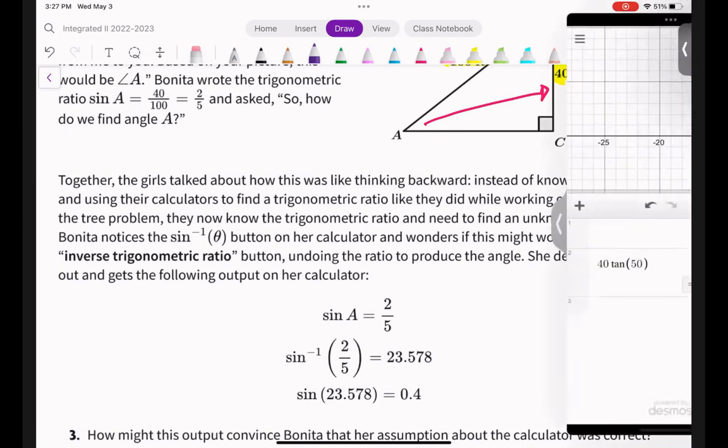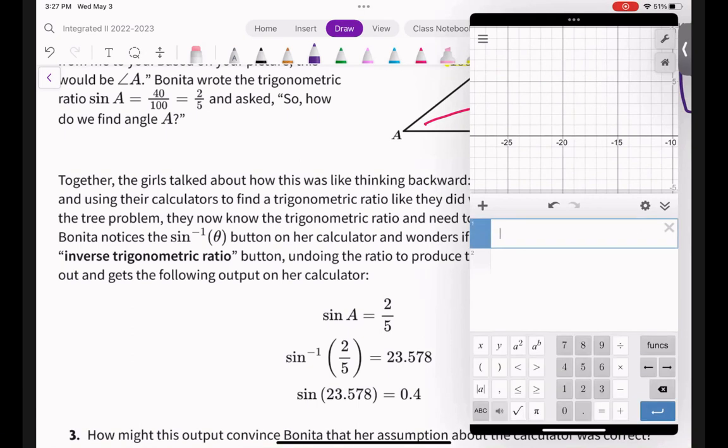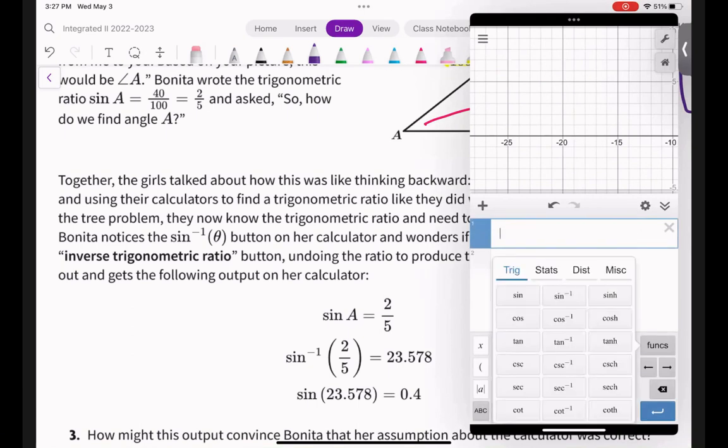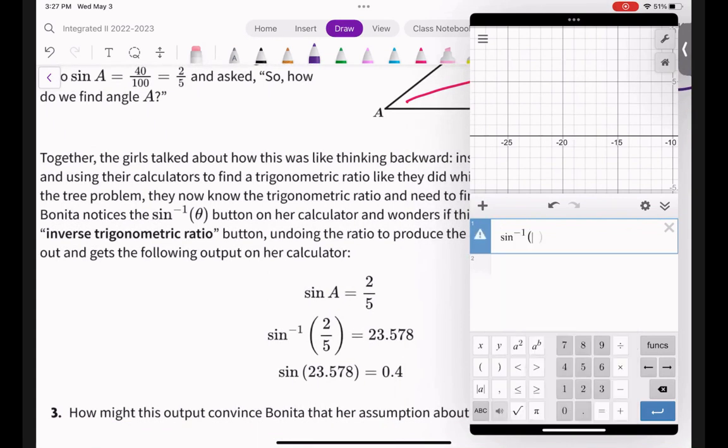So by the way, if you're using Desmos, sine inverse is right there at the top middle column. Do you see that sine to the negative first? That's what they're talking about. So they say sine inverse. Now we're just going to plug it in. Sine inverse of 2/5.